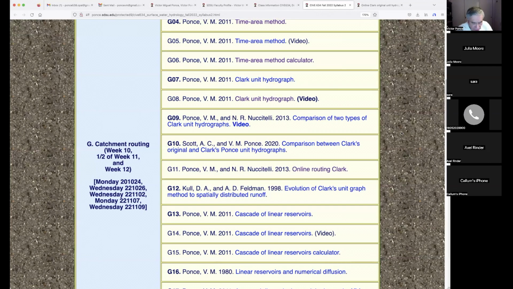The first one is termed convection or concentration or translation. Those three words are used. And the second one is called diffusion or attenuation or storage. Those three names are used for these two processes that are quite distinct.